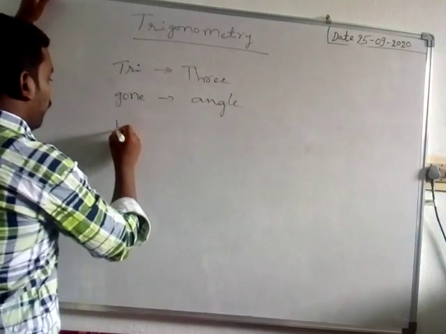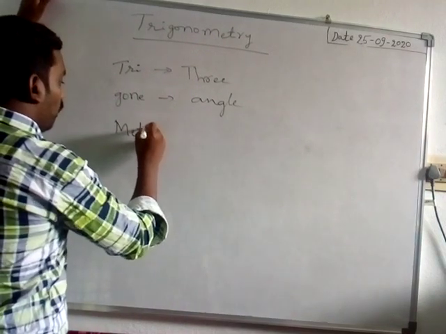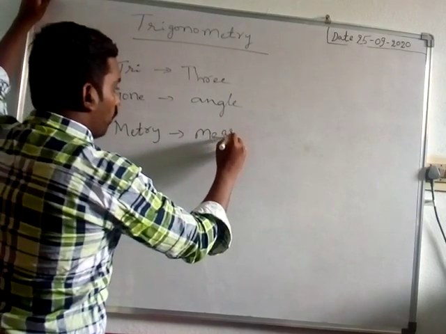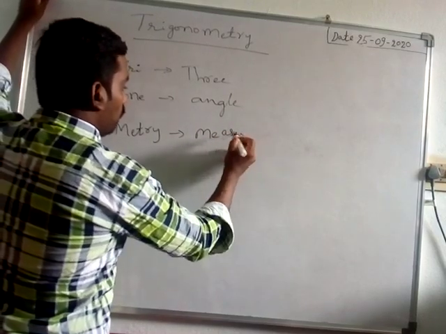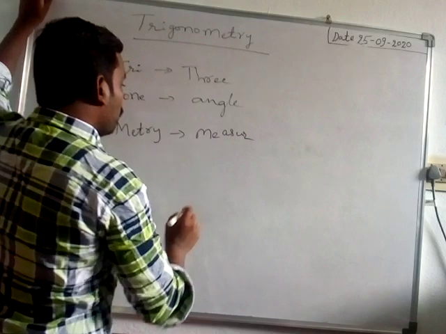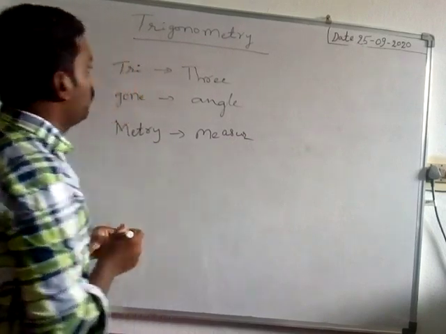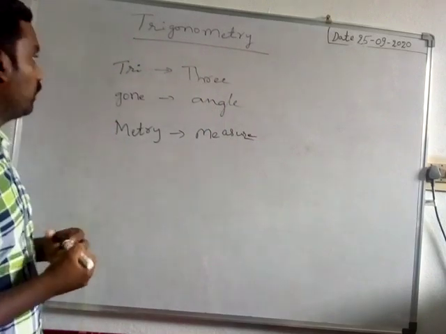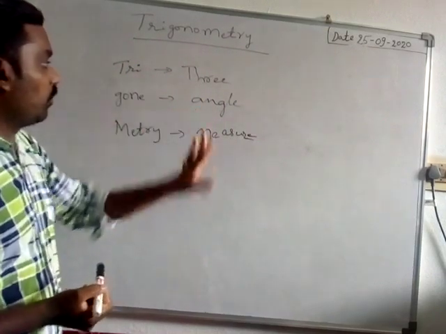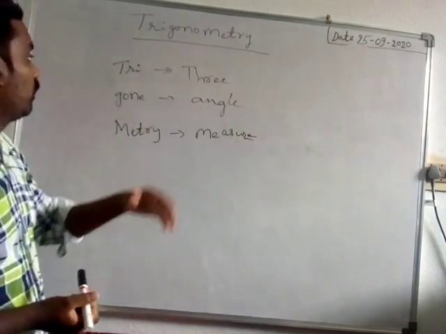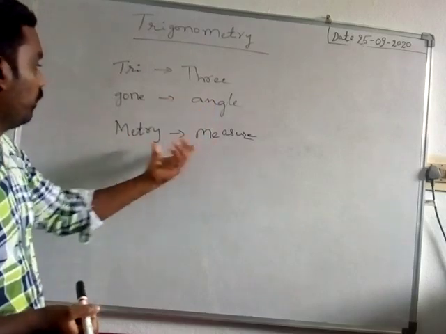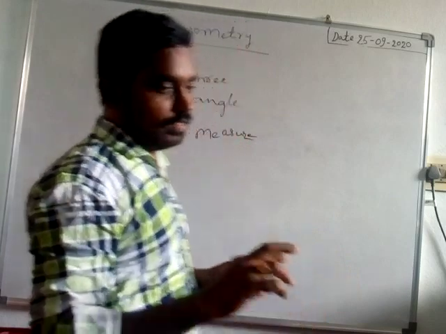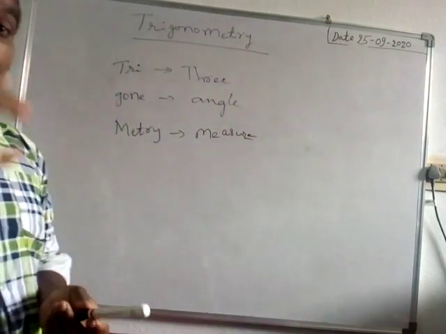Next, "metry" means measure, measurement. Try means three, gone means angle from the other language, metry means measure. Here every triangle has three sides, three angles and three vertices.